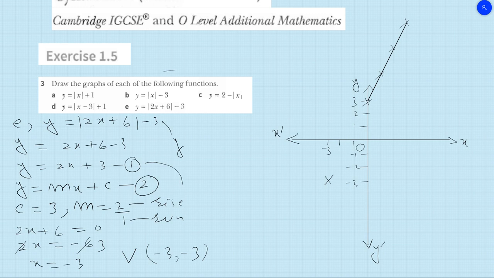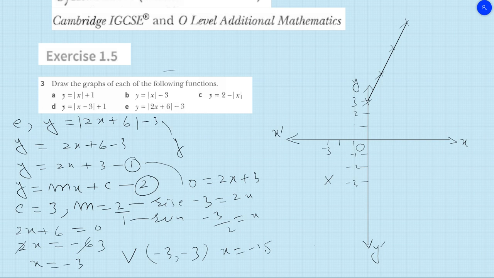If we put y = 0, we get 0 = 2x + 3, then -3 = 2x, then -3 upon 2 is equal to x. X = -1.5. Why do we need this? Actually, we have to join these points by our vertex, but we need one point on the x-axis.